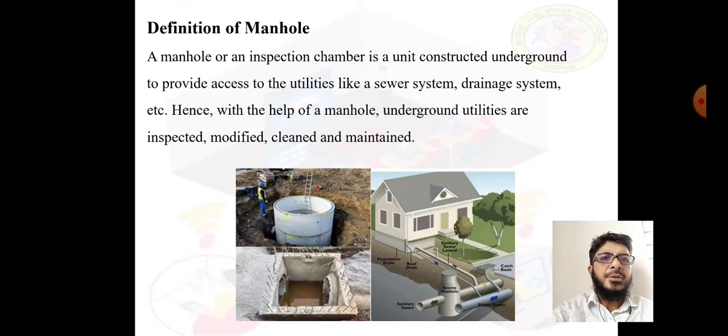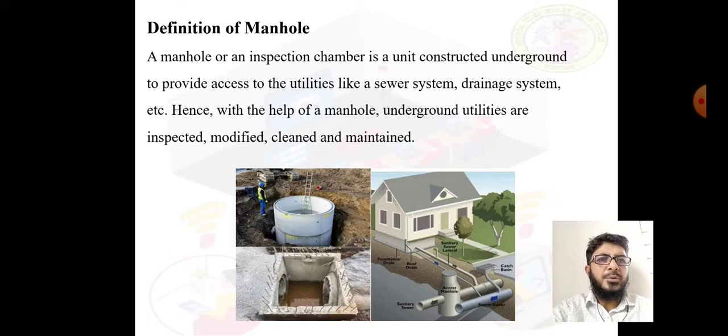First, the definition of manhole, or sometimes we call it an inspection chamber, is a unit constructed underground to provide access to utilities like sewer systems, drainage system, etc. Hence, with the help of a manhole, underground utilities are inspected, modified, cleaned and maintained.